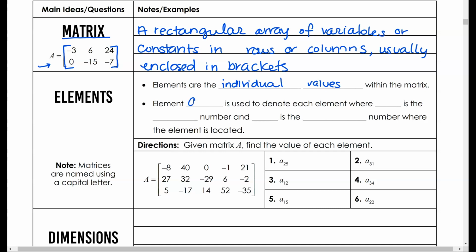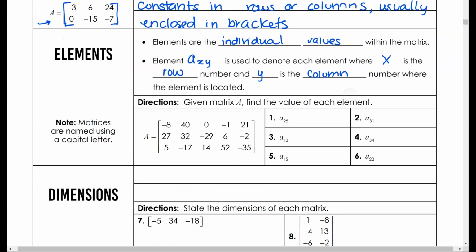Element a_xy is used to denote each element, where x is the row number and y is the column number. We're going to take a look at what that means in just a second. So one thing also to note is matrices are named using a capital letter.